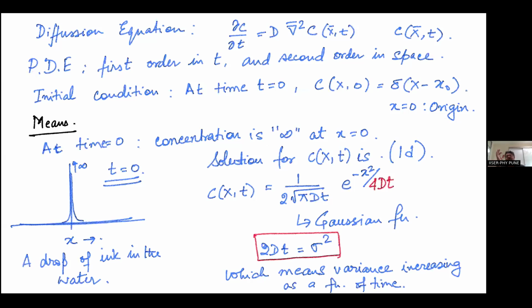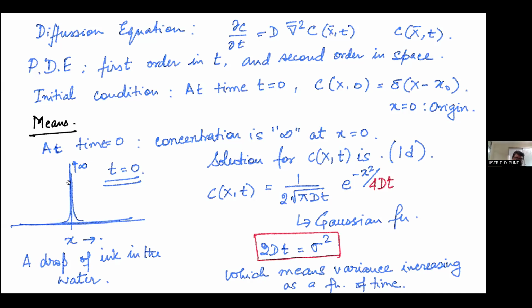Now suppose in a huge drop of water, in a huge, I don't know, bucket of water or a jar of water, at time t equal to 0, you put a spot of ink, which means wherever that ink spot you put, call that x equal to 0, the origin.